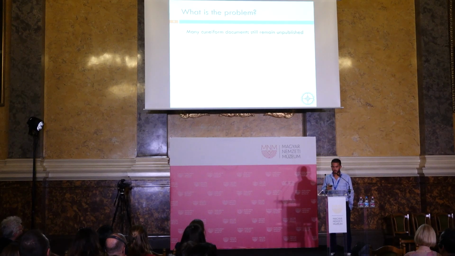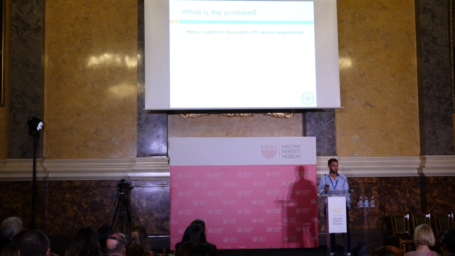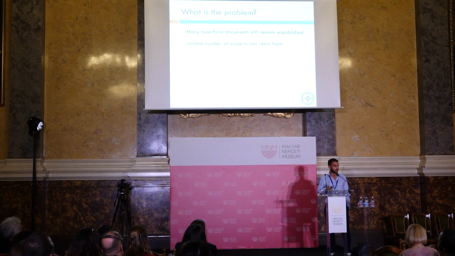Okay, so let's talk a bit about what is the problem, what is the challenge. So we have hundreds of thousands of Akkadian tablets that document the first days of history, but many of them are still unpublished because the process of translating Akkadian is very difficult. Only a very limited number of experts can read Akkadian.